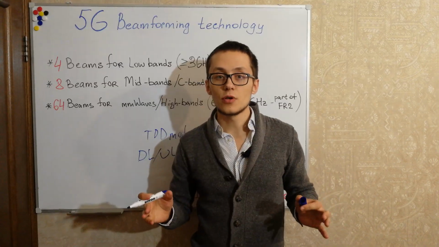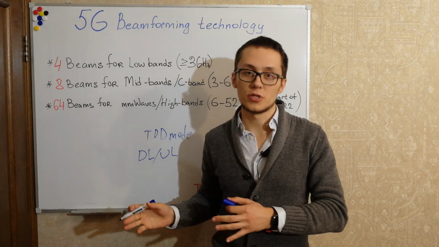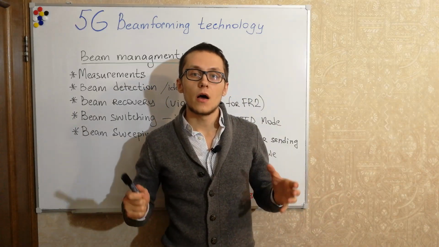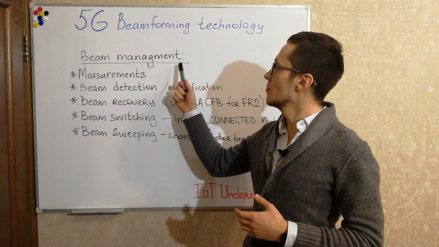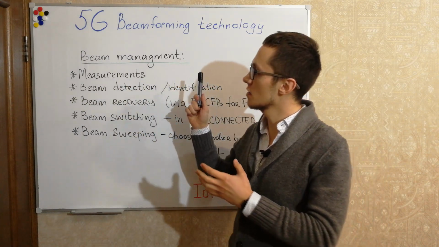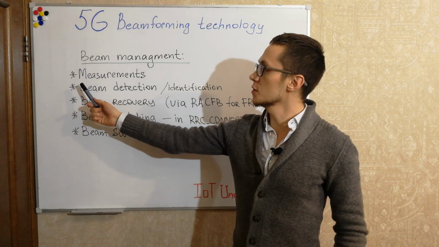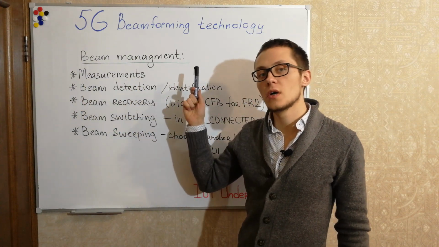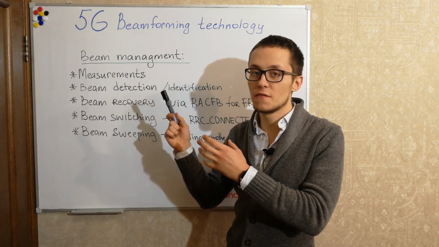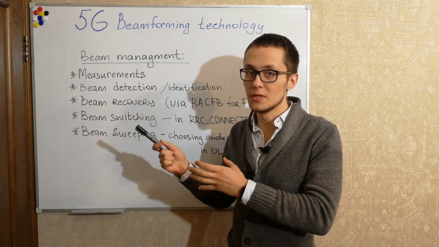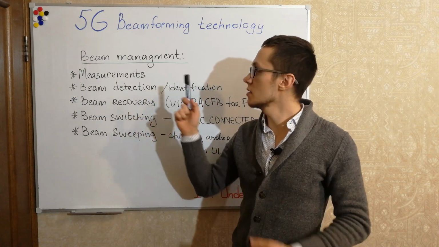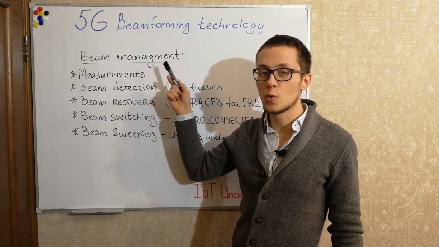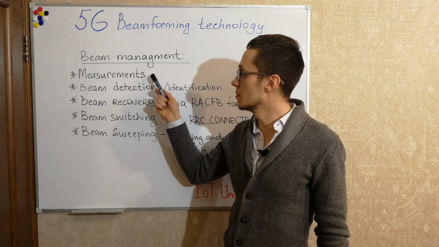So let's look at the beam management procedures. In 5G NR, for beam management, we have different procedures. First of all is measurements. The UE, when detecting and finding an appropriate beam, sends measurement reports about the quality of the signal of that beam.